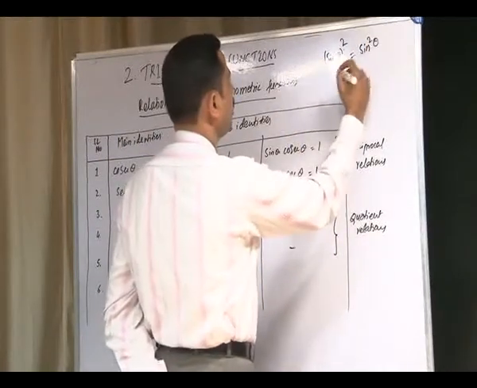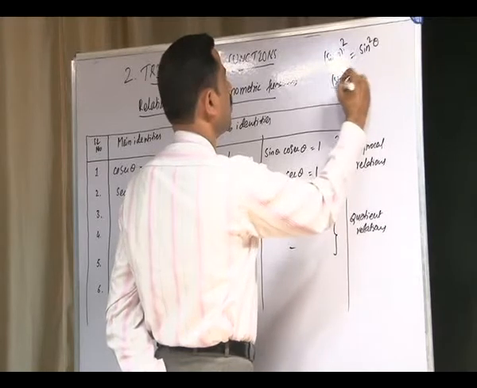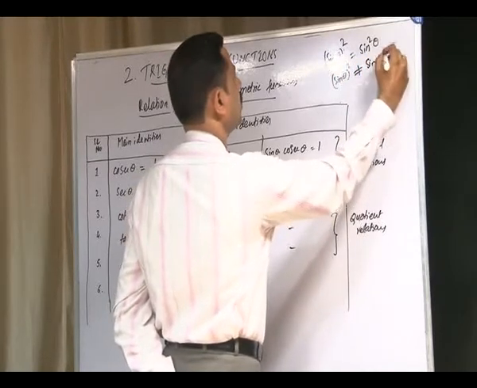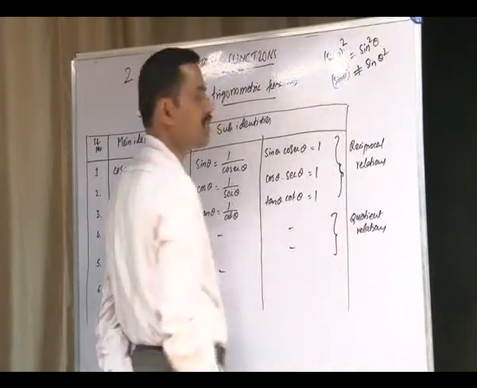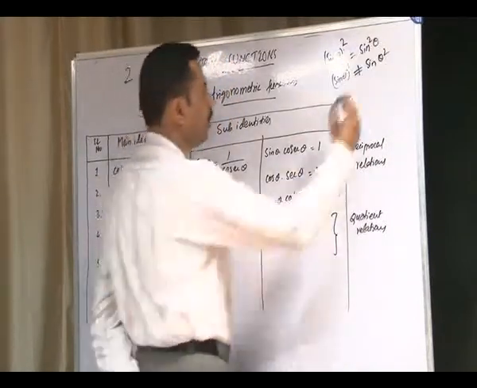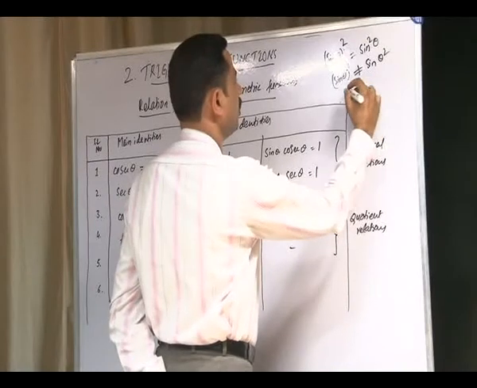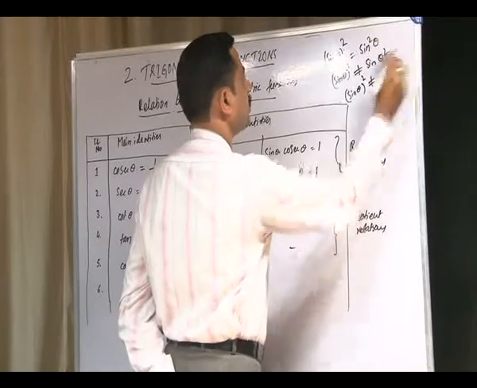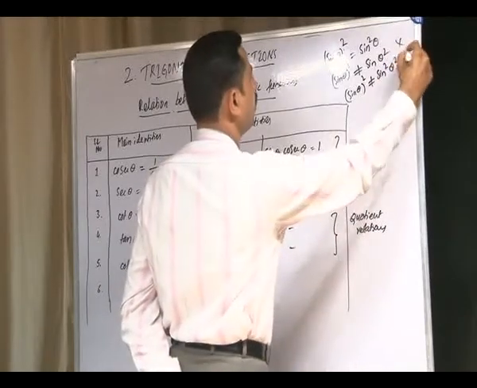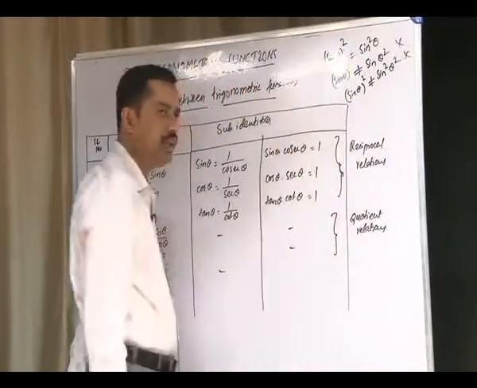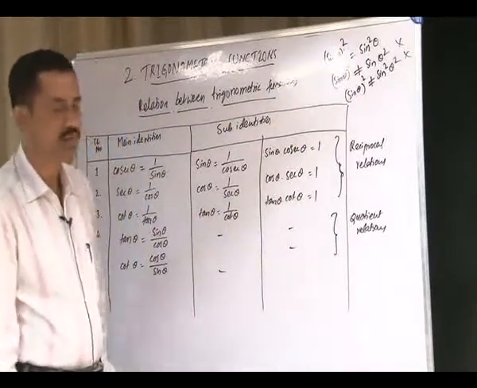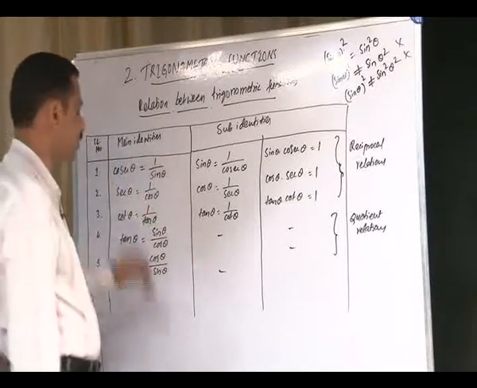That means sin theta whole square is not equal to sin theta square, and it is also not equal to sin square theta square. These two are wrong relations. If sin theta is squared, it should be written as sin square theta, and this applies to all trigonometric functions.